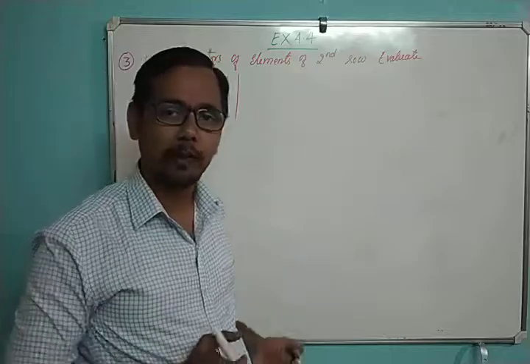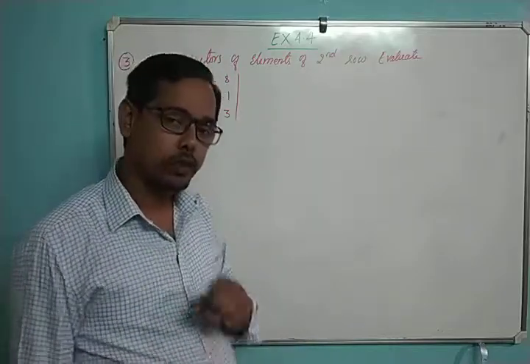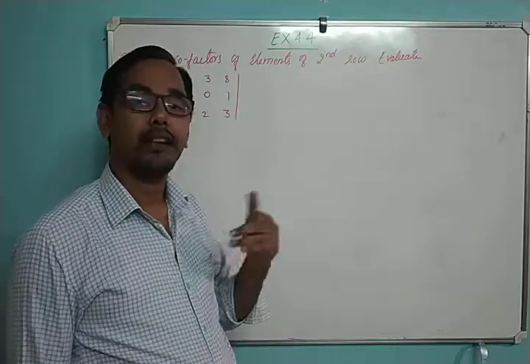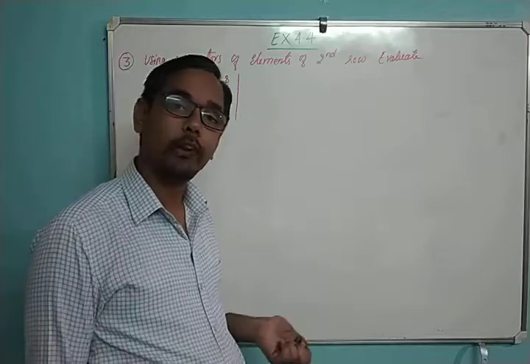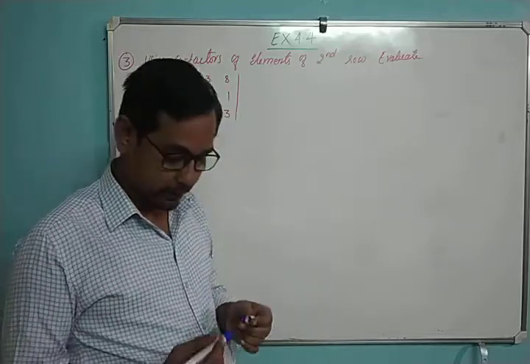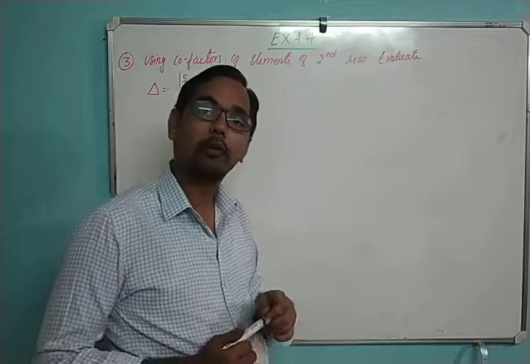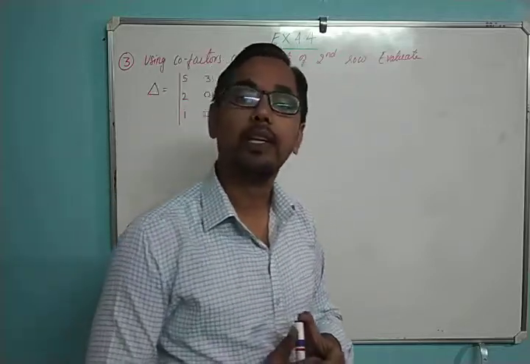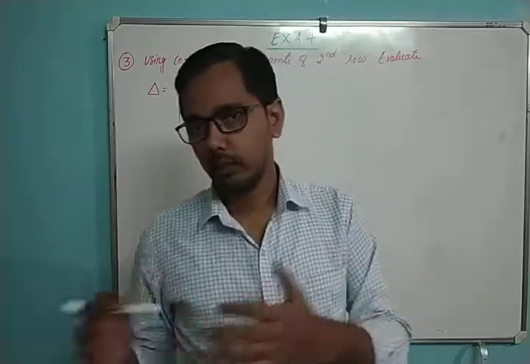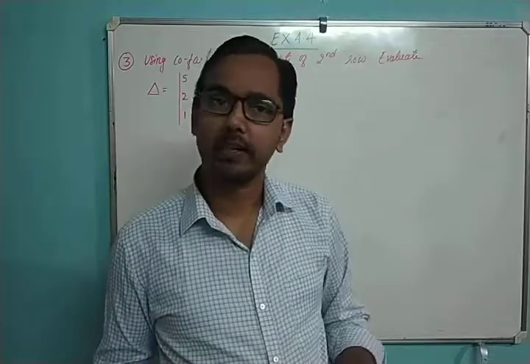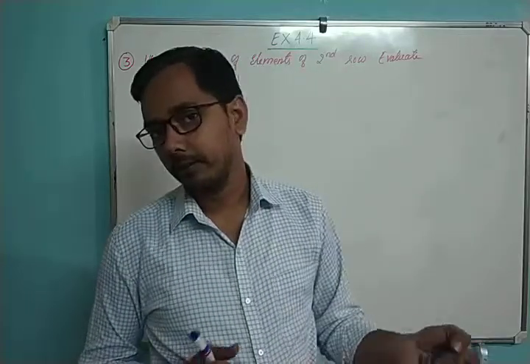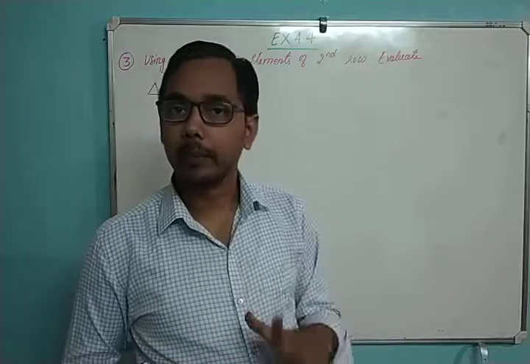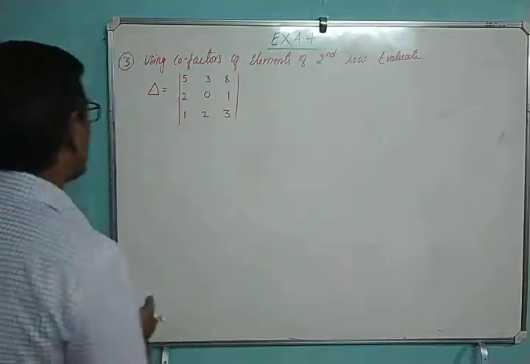There is no need to calculate minors of each and every element, because we need the minors only to calculate the cofactors of the second row.